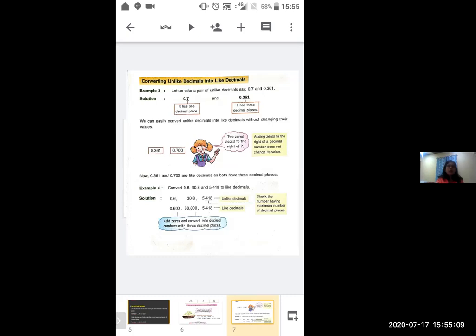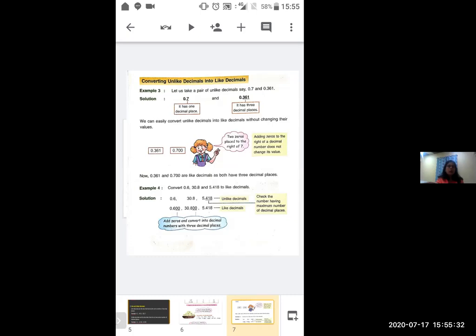Here a group of decimal numbers is given which has unlike decimals. When we change them into like decimals, the maximum number of decimal places is counted and we add as many zeros as needed to get an equal number of decimal places.